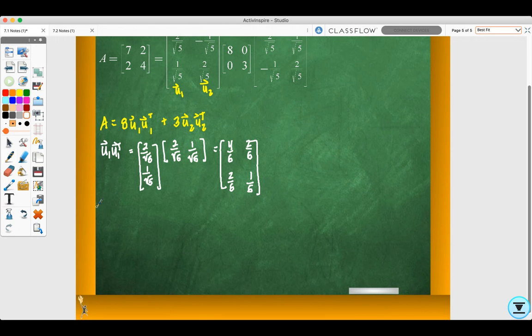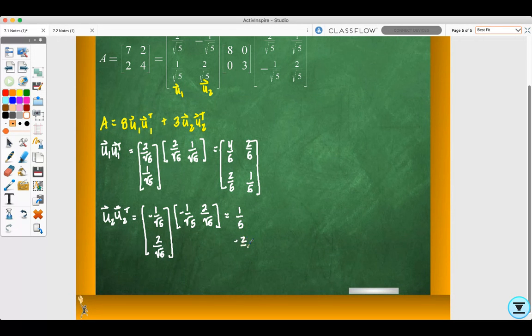Then I'm going to find U2 times U2 transpose. So U2 is -1 over the square root of 5 and 2 over the square root of 5 times -1 over the square root of 5, 2 over the square root of 5, sorry about that, and that ends up being 1/5, -2/5, -2/5, 4/5.